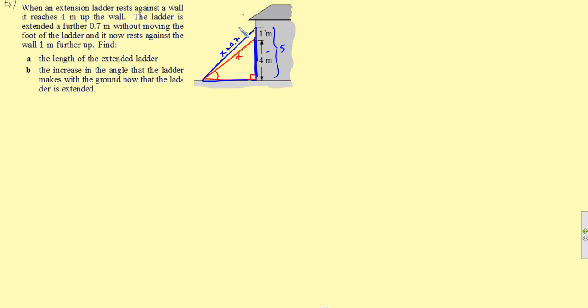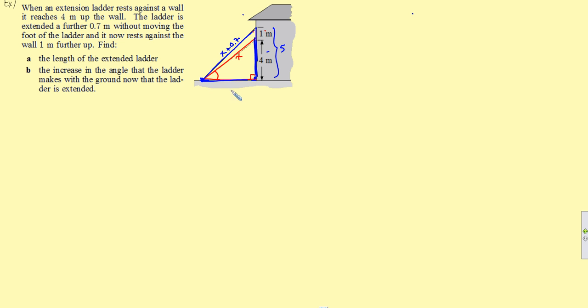I'm already pretty much set here in that I know I'm going to be comparing one triangle to another in a certain sense. And the one thing that is common to both of these is the distance from the base of the ladder to the building.